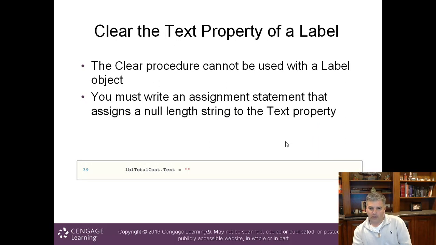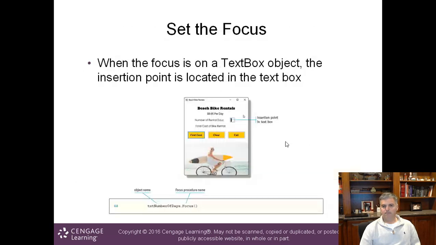For some reason, the label doesn't have the same function. If you want to clear out the value of the label, you've got to set the value equal to quote, quote, which is assigning it to nothing. I don't know why they have a clear procedure for a text box but not a label, but that's just the way it is. So setting it to quote, quote is setting it to null, or setting it to nothing.